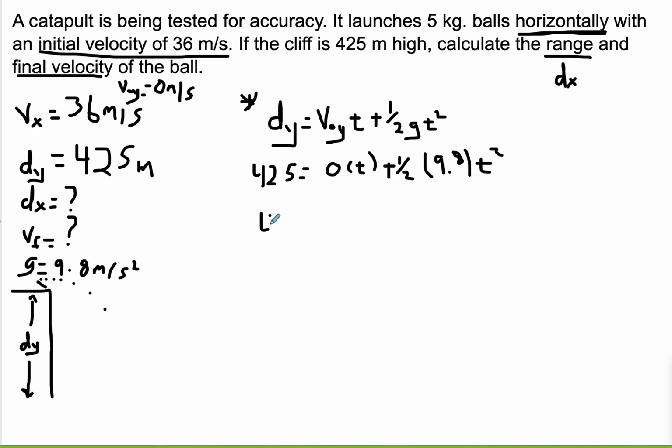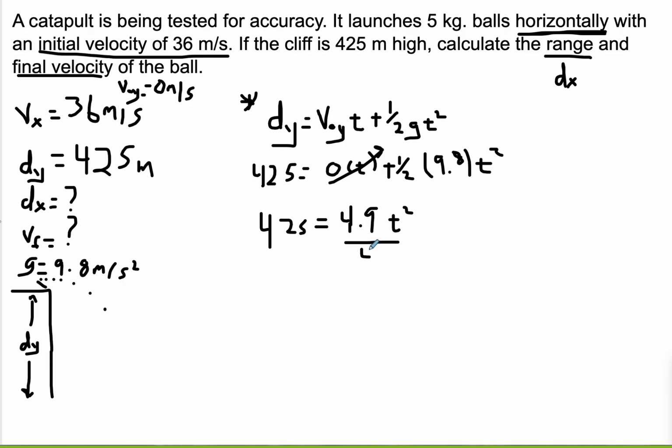So if I just do the arithmetic part of this, it'll be 425 equals, 0 times anything will be 0, 0 plus the anything will just be that anything. So it'll be 425 equals 4.9 t squared. And then I've got to get rid of that 4.9.